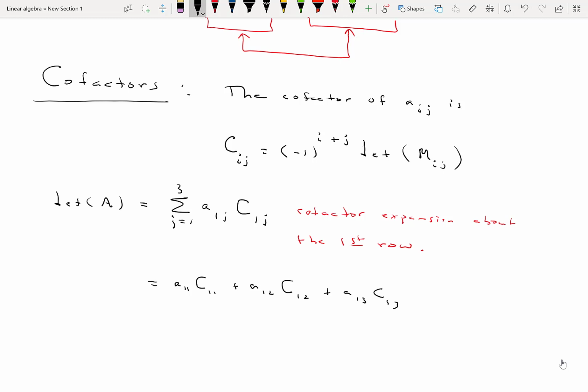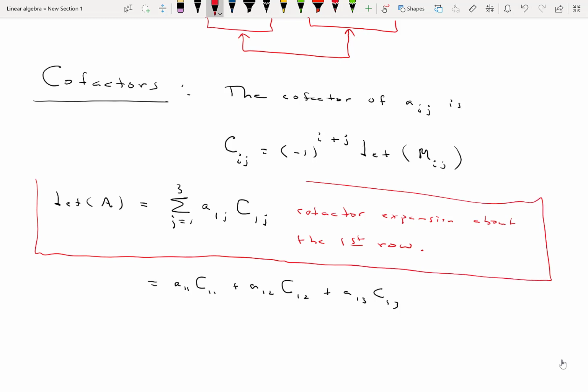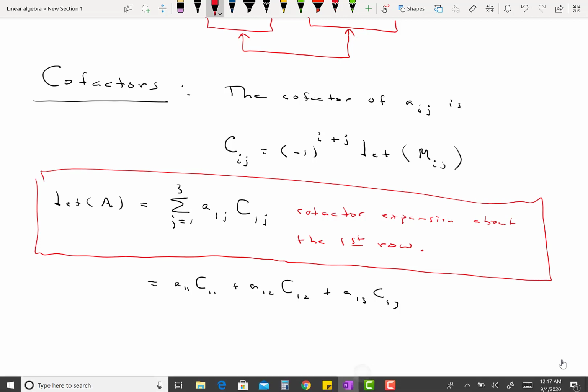And look at how simple that sum is to look at compared to the expanded version in terms of minors and so forth. Okay, all right. So that's really nice. Okay, I'm gonna circle this in red because it's a real important part of our discussion here. Okay.